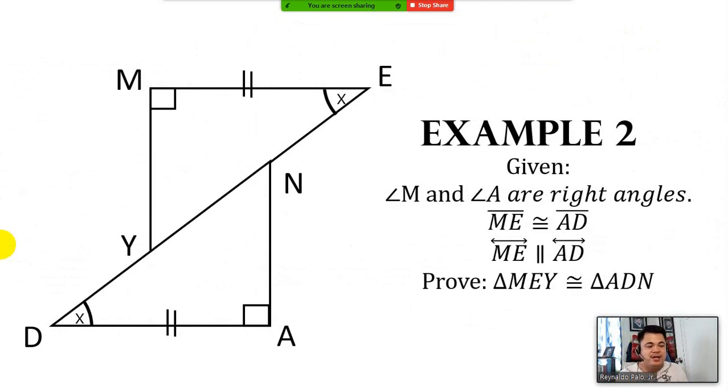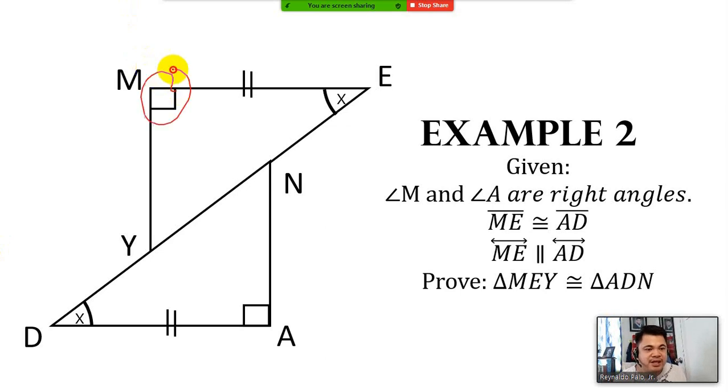Next, example 2. Given: angle M and angle A are right angles. So we have three givens here. Segment ME is congruent to segment AD, and line ME is parallel to line AD. We have to prove that triangle MEY is congruent to triangle ADN. But before that you have to make your assumption so that you will be guided on what the postulate is here.